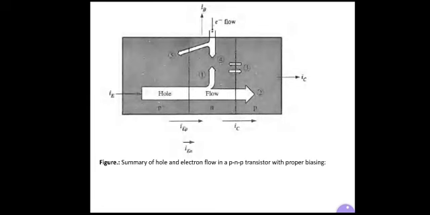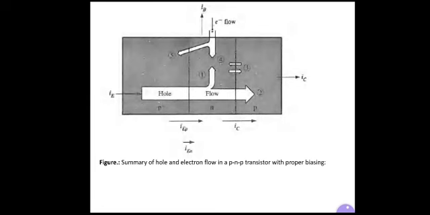IE is flowing into the emitter and collector current IC flowing out of the collector. Since the current flows from emitter to collector, the base current IB requires some more thought to understand.